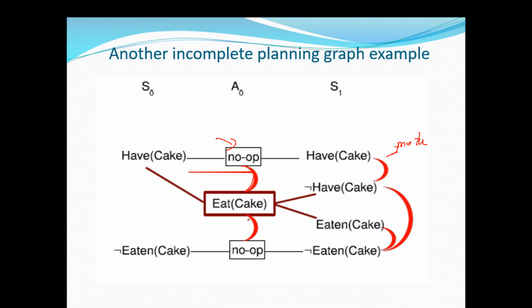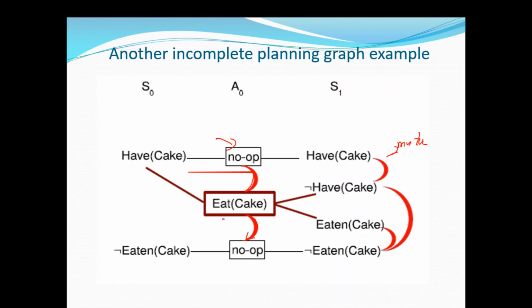Okay, similarly if you see eat cake and no operation, here also the same thing. For not eaten of cake we have this no operation. So here also, eat cake and no operation cannot happen simultaneously.